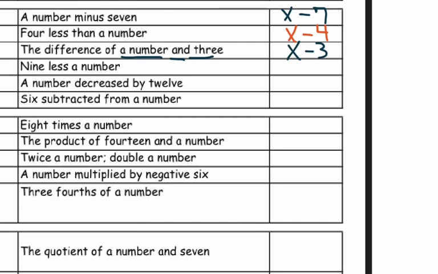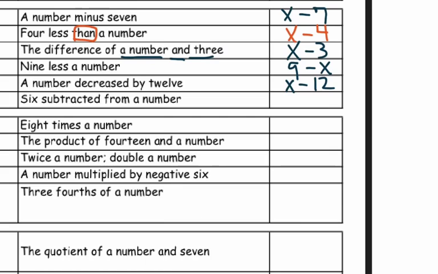Notice it doesn't say less than, so you don't flip it. It just says 9 minus a number. And then the next one says a number decreased by 12. You don't flip this one. It doesn't have the word than in there, so it's just x minus 12.